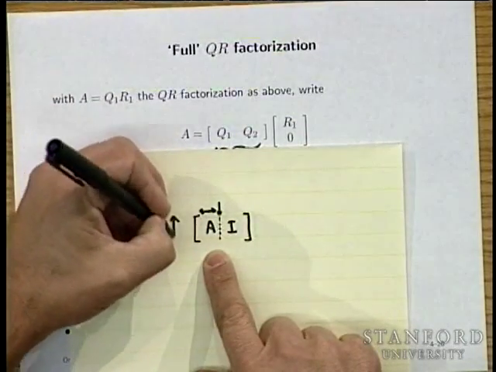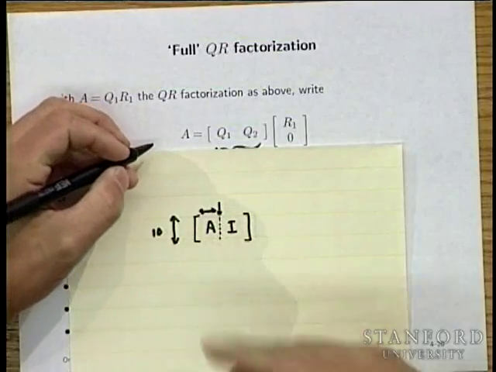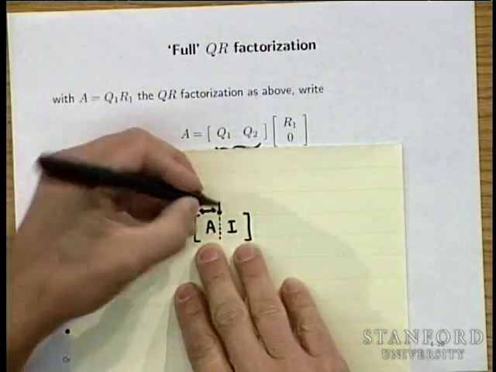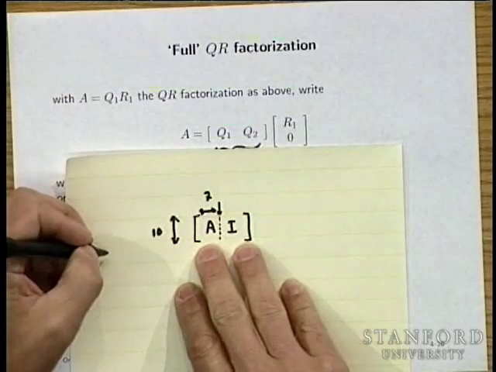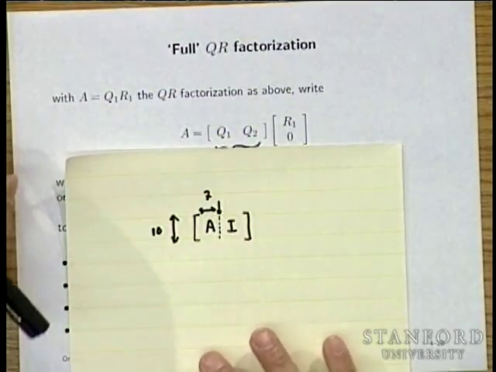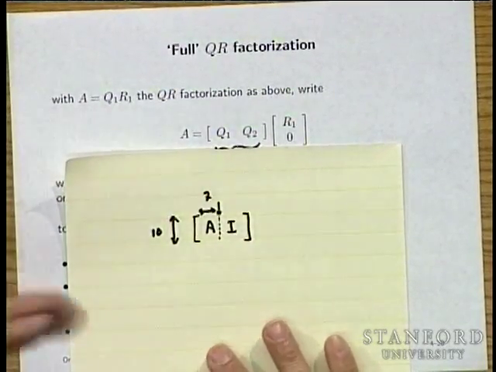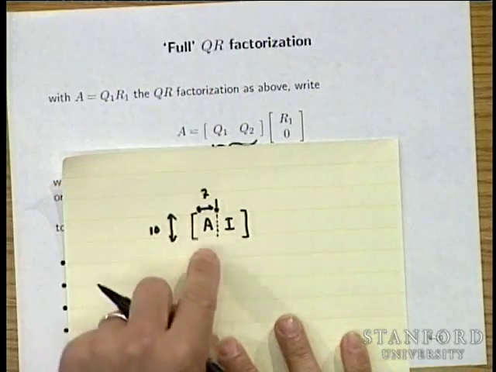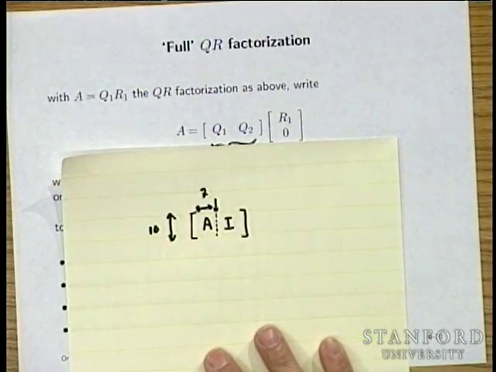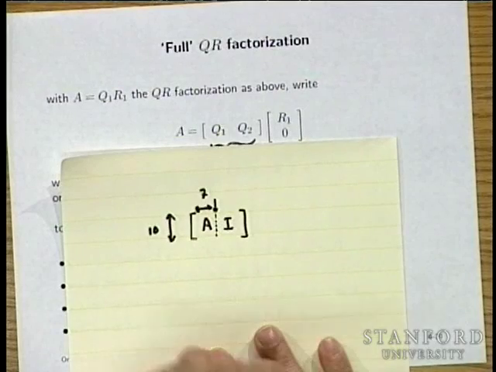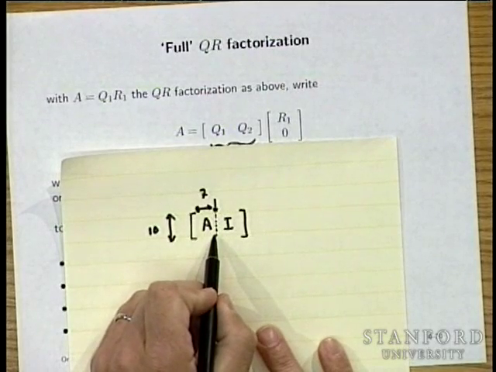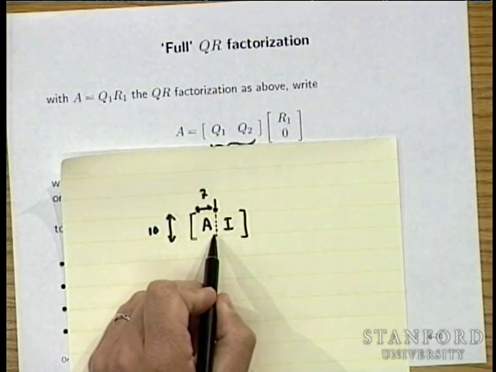Well, let's just put some numbers on here for fun. That's 10. Let's say that A is 7 vectors, and let's say I've run this Gram-Schmidt QR factorization or algorithm on this, and let's suppose the rank of A is 6. So what will happen is I will have pulled in A7 and processed it.